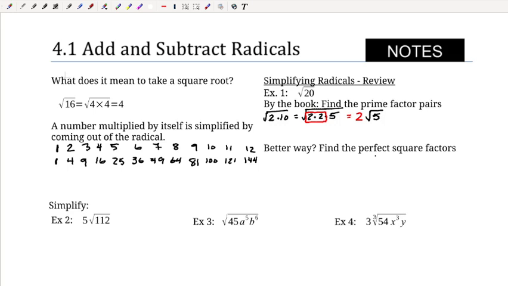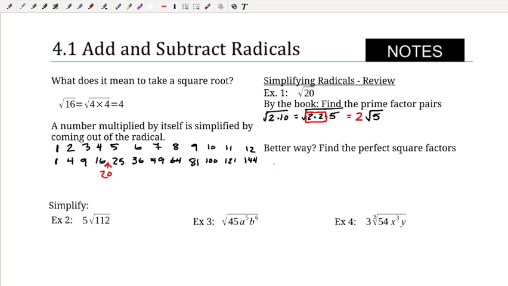So, to find the perfect square factor way of finding the square root of something, I start out with my number. In this case, it's the number 20, and I say, okay, looking at my squares, 20 is between 16 and 25. So I'm going to see, starting here, working my way downward, if any of these are factors of 20. So 16, no, not a factor of 20. 9, no, not a factor of 20. 4, yes, a factor of 20.